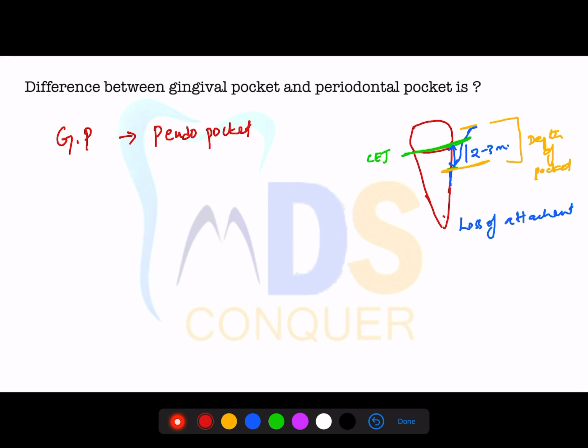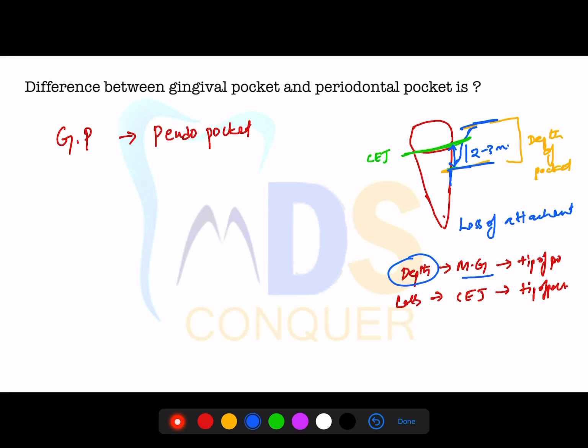The depth of the pocket starts from the marginal gingiva to the tip of the probe, whereas loss of attachment starts from the cemento-enamel junction to the tip of the probe. This is the basic difference that you have to make a note of.